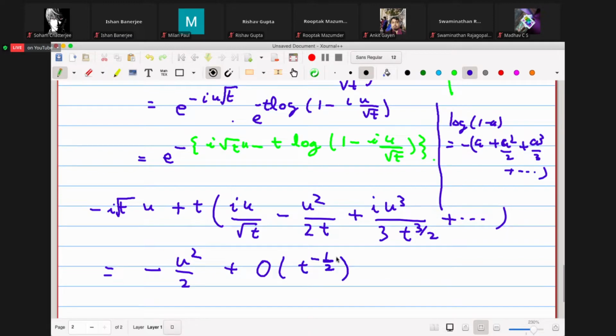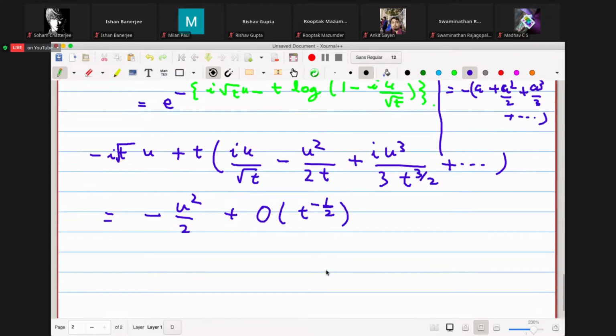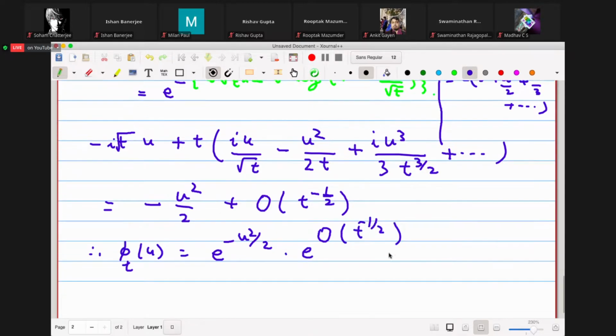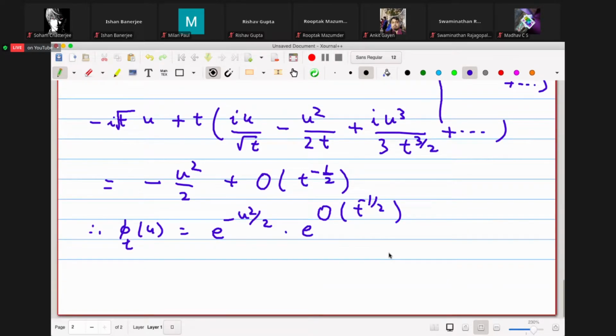So this term will not bother you. And when you take, therefore, let us write now phi t of u, this is equal to e power minus u square by 2 times e power something, which is big O of t power minus half, and substitute that in the integral.